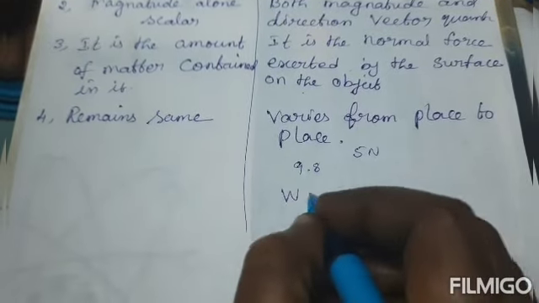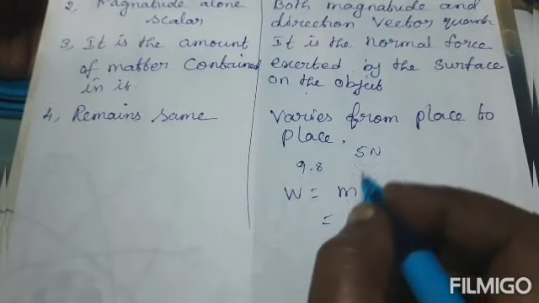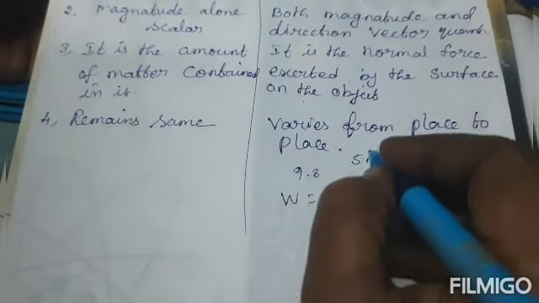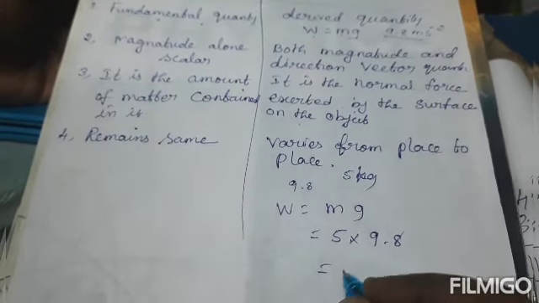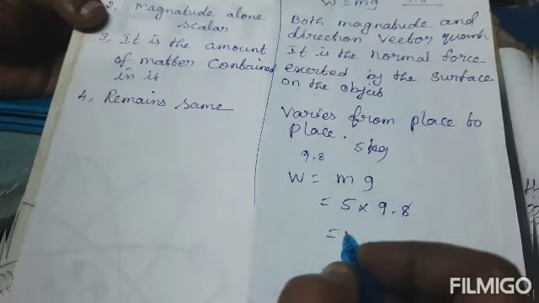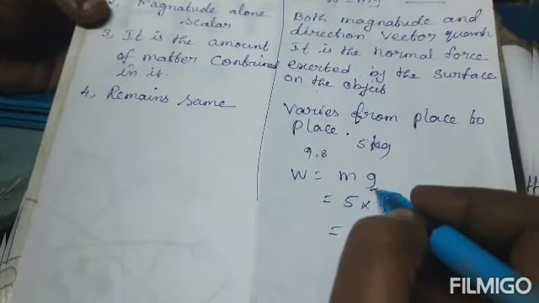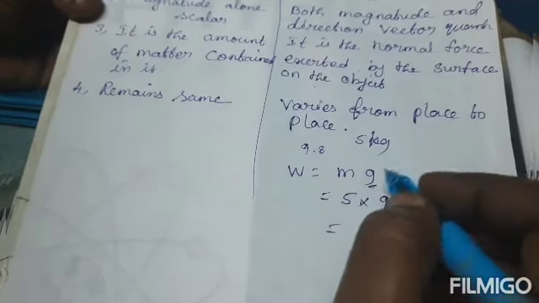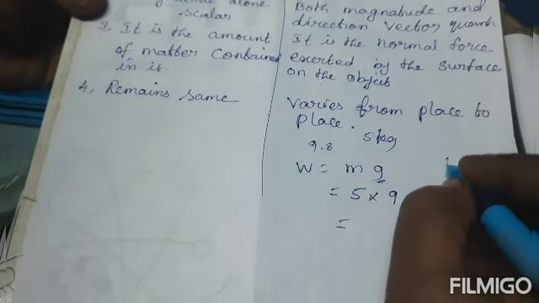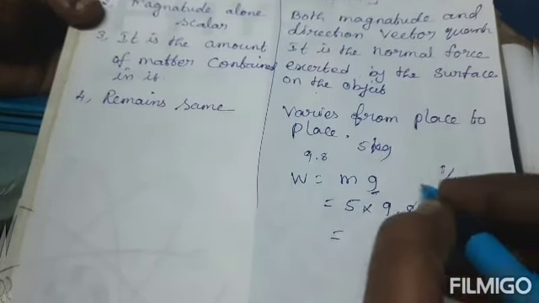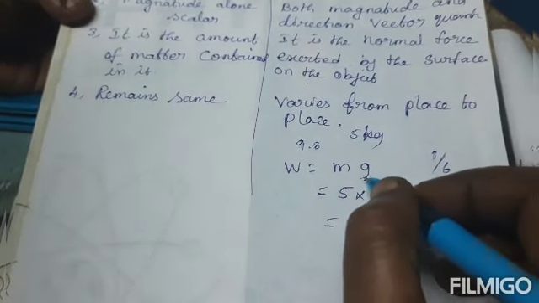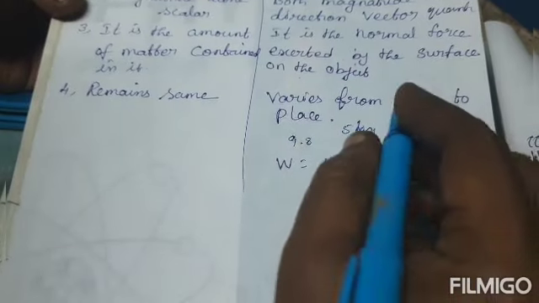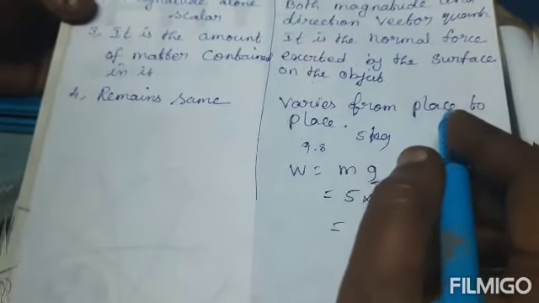How will you find the weight? W equals mg, so 5 into 9.8. Multiply and write the answer, and we get the weight on earth. Suppose a man is on the moon. The moon's gravity is 1/6 times that of earth. So the weight changes from place to place.